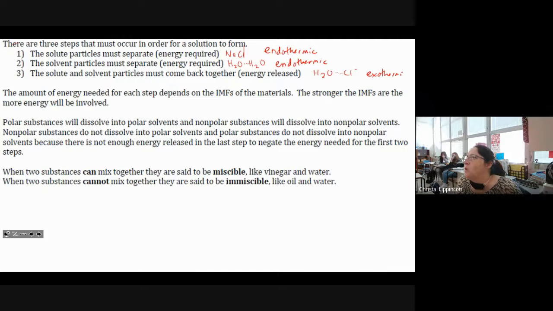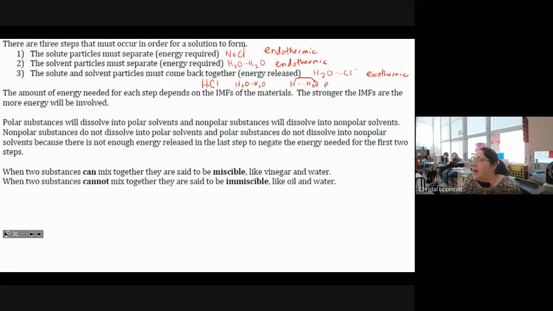When we were talking about the hydrochloric acid and diluting that down the other day, your hydrogen and your chlorine have to come apart, and your waters have to come apart. Then when these come back together, where your hydrogen would be attracted to the oxygen, we said there was a lot of energy.